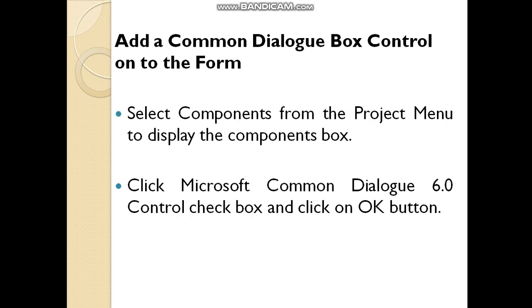So how to add a common dialog box control onto the form? Go to the Project menu and select Components. It displays the Components box. In that, select the Microsoft Common Dialog 6.0 control checkbox and click on OK.